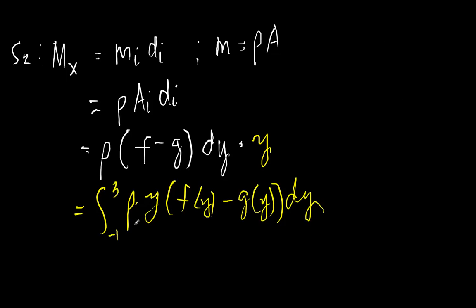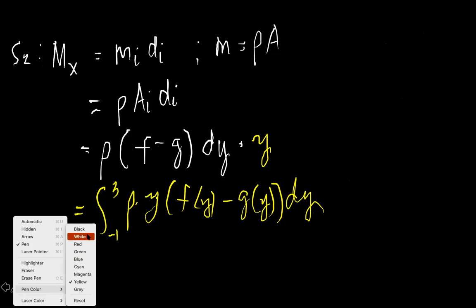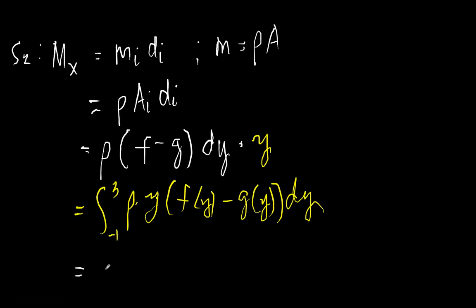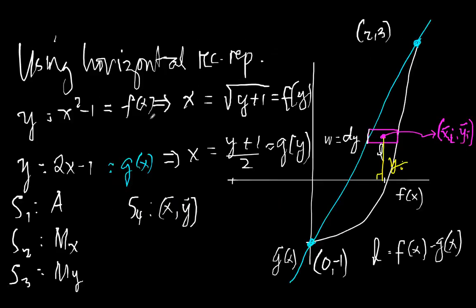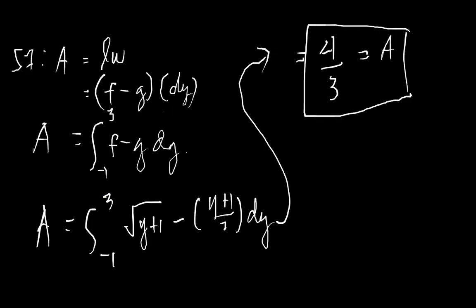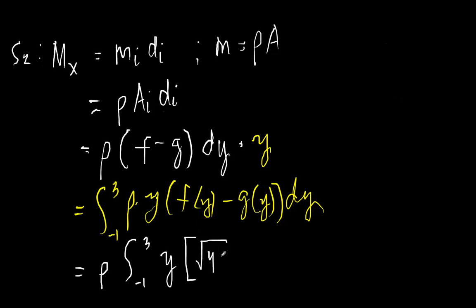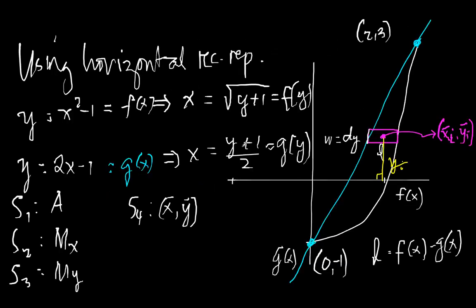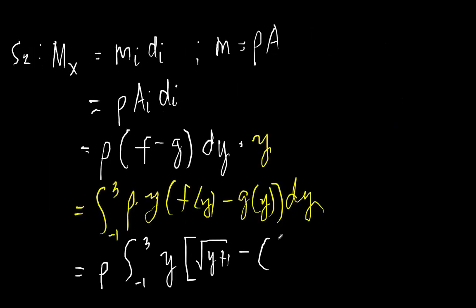So our expression now is the integral of rho, since it's constant, from -1 to 3 of y times f of y, which is the square root of y plus 1, minus g of y, which is y plus 1 all over 2, dy.